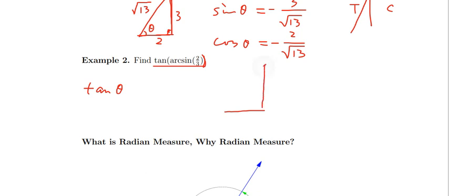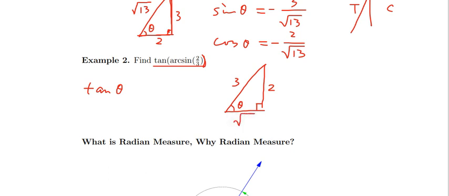This angle is arcsine. So we use this right triangle to denote this angle as theta. Its sine is 2 over 3. So sine 2 over 3, so we should put 2 here, 3 here. If this side is 2, this side is 3, we can find this side.